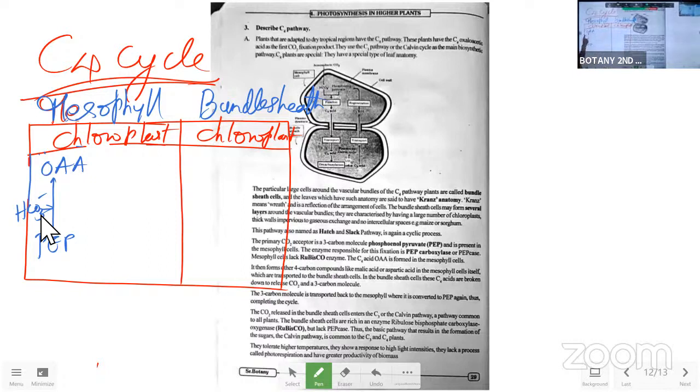So the first stable compound formed is oxaloacetic acid. Based on this first stable compound, the cycle was named the C4 cycle.